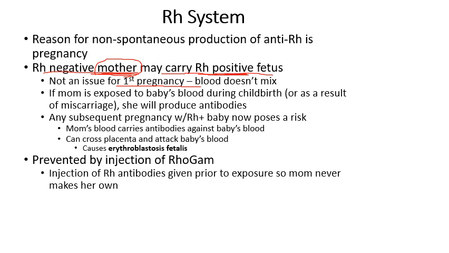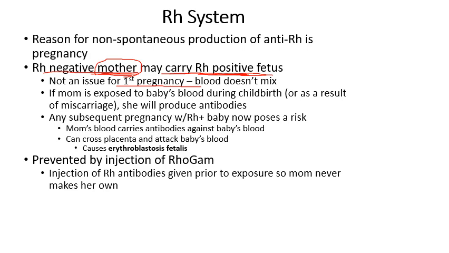Mom is Rh negative, and say the second baby is also Rh positive. What's running around in mom's blood now? She has the Rh antibodies. Okay, and those antibodies can cross the placenta.